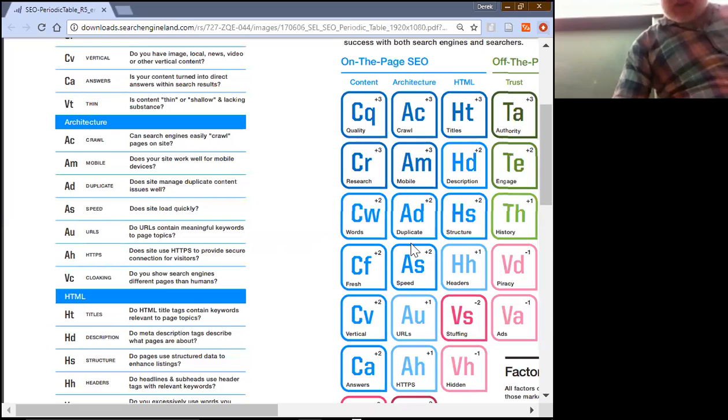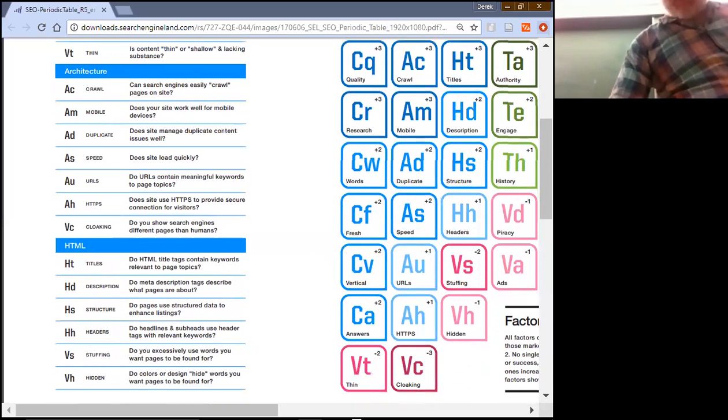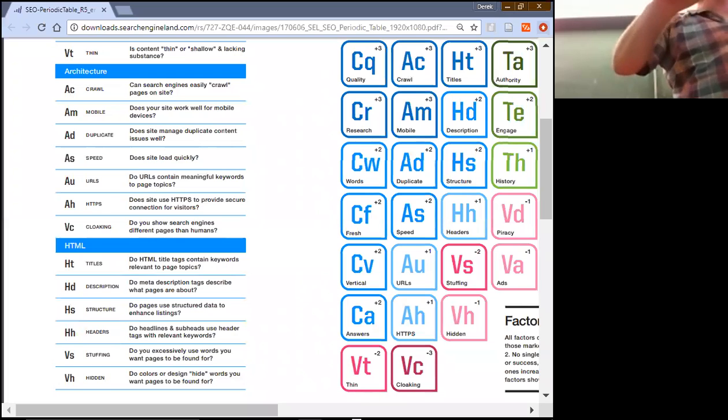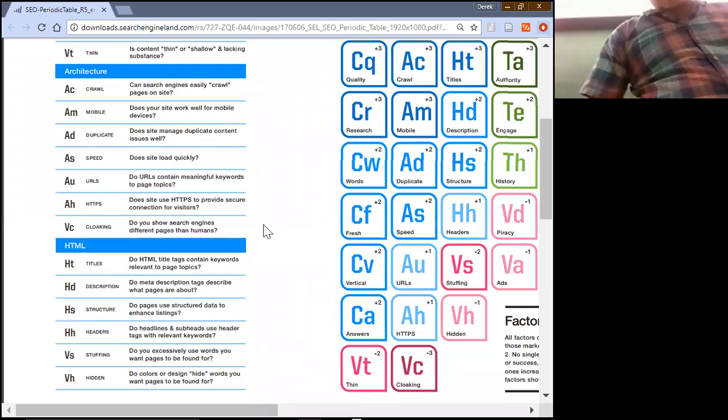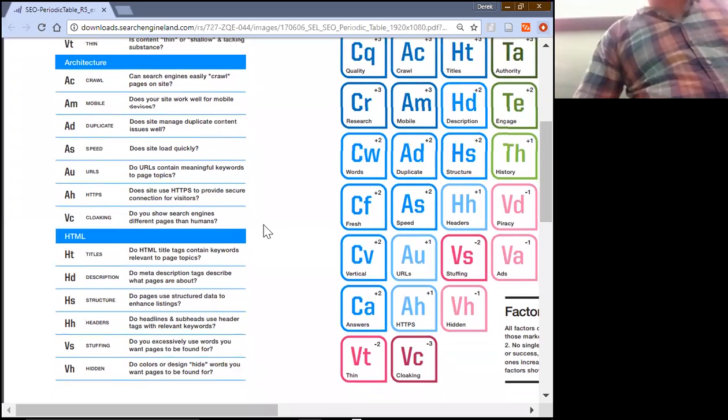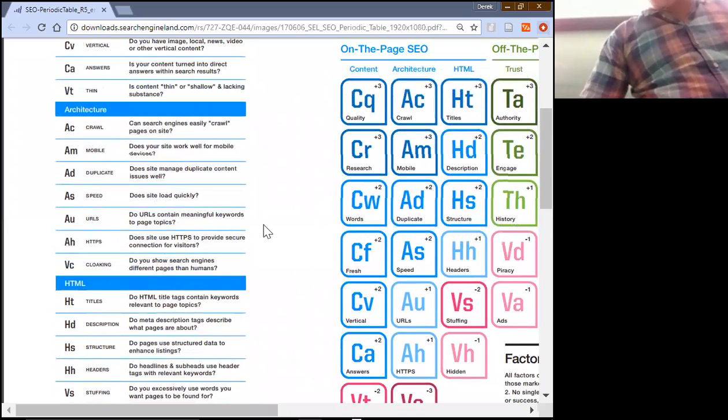So if we look at these two, freshness is a +2 and speed is a +2. Well, I'm fresh, but it's with big heavy images that have to be loaded each time. That's a minus, and maybe they just balance each other out. So look at both the pluses and the minuses as you're thinking about your site and how to set it up. Anybody else think of one?